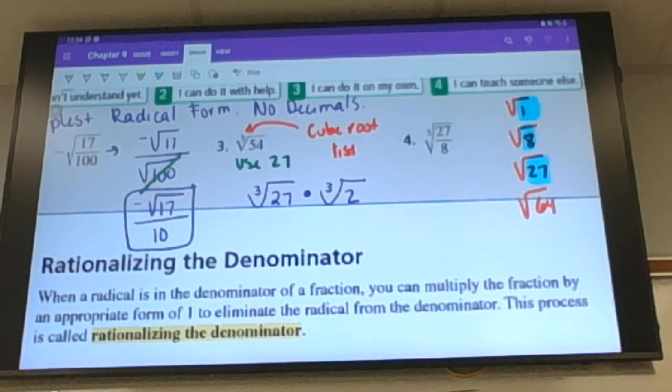I haven't changed 54, I've just separated it. Now the cube root of 27 is 3, so I can rewrite the cube root of 27 as 3. You get that part? That's from the list. So then this would be 3 times the cube root of 2.